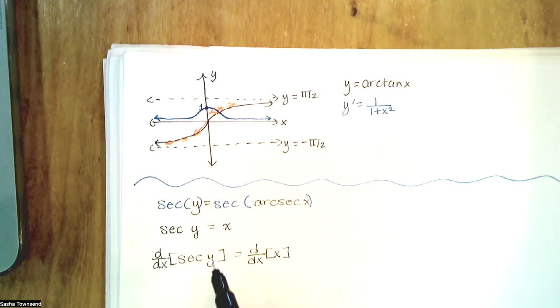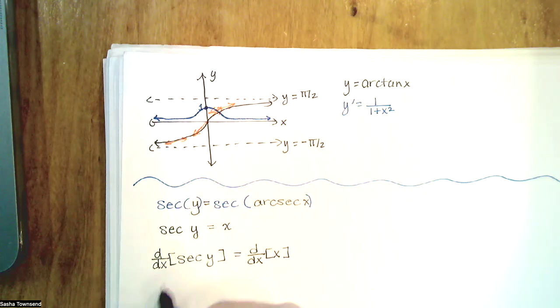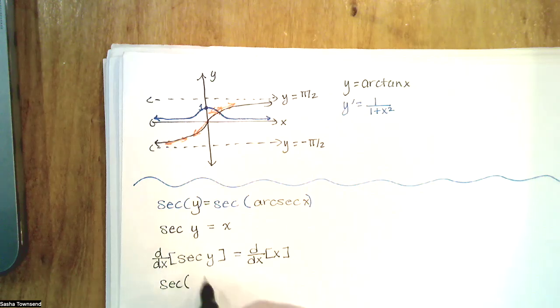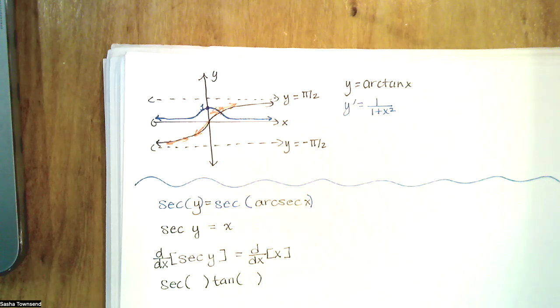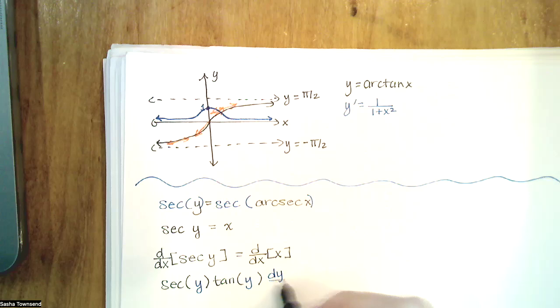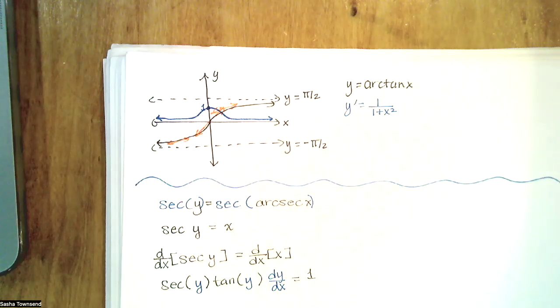Now, the derivative of secant of y, where y is a function of x, is secant of that function of x times the tangent of that function of x times the derivative of the inside. And then that's equal to the derivative of x, which is just 1.